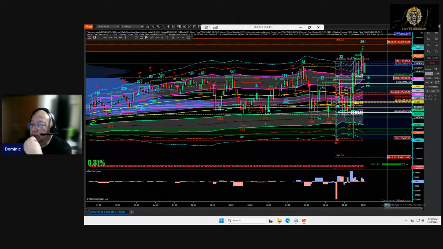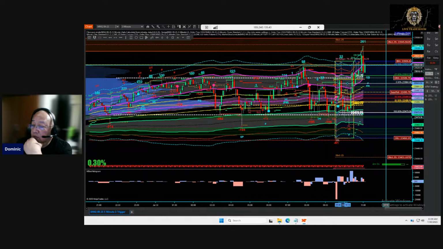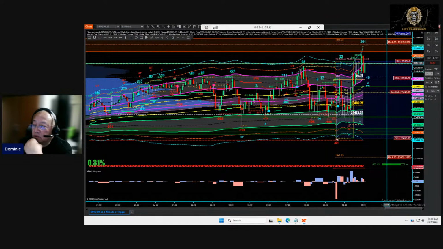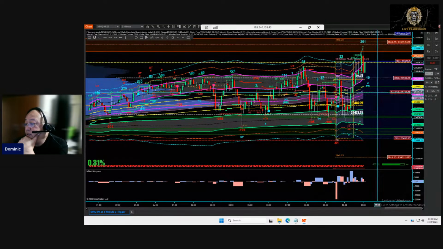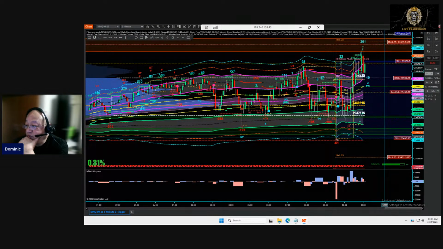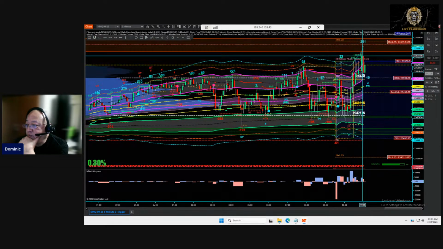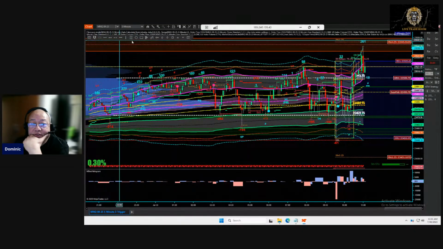Should have understood that. But again, looks like we're going to try here again. We'll see what happens. But again, I'm done for the day. I'm not going to risk anymore. Again, here's the ORB high, ORB low down here. We did hit that, so if I'm looking at 1.25 of that ORB, it hit the target.